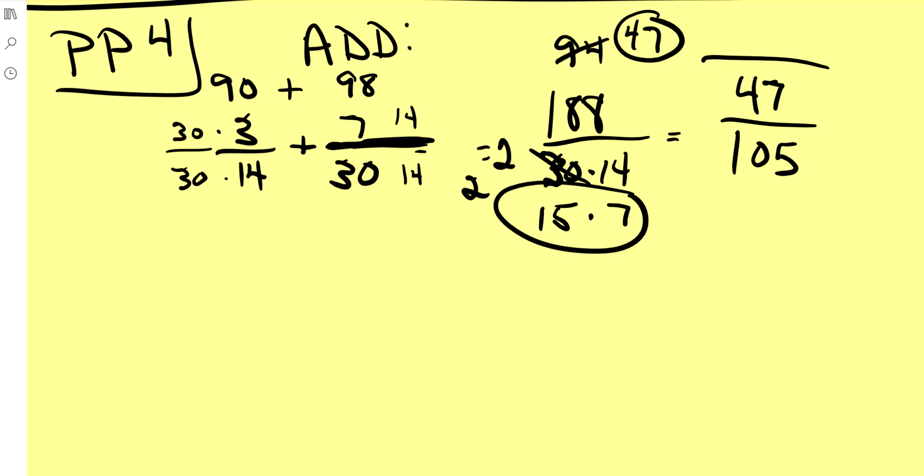This is actually our example 4, not the practice problem 4. All right, so there's our example for practice problem 4. And if I were to do the power practice problem 4, it's 1 over 21 plus what? 4 over 15. So let's do that one at the same time.